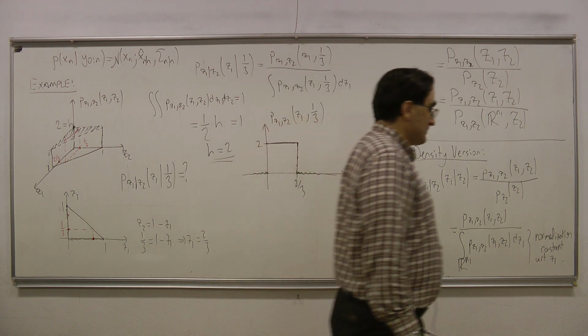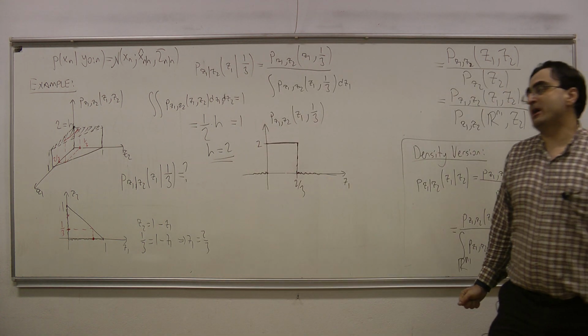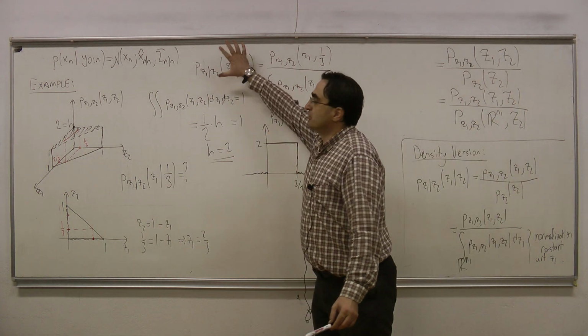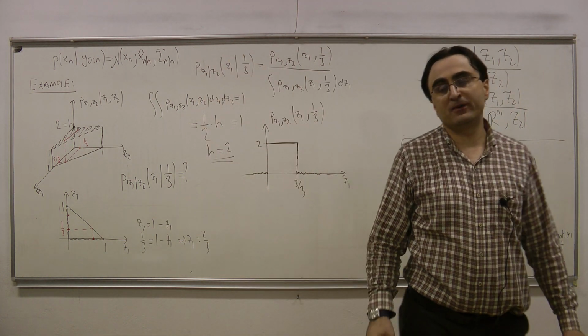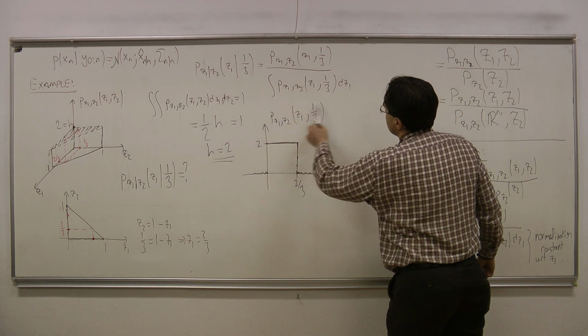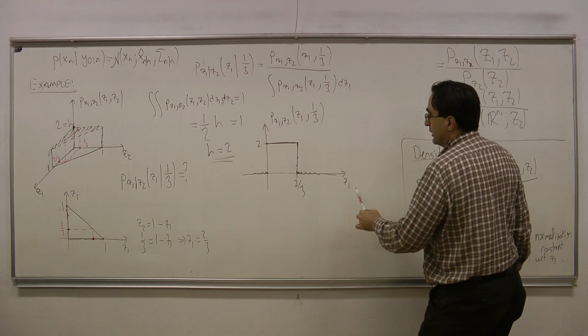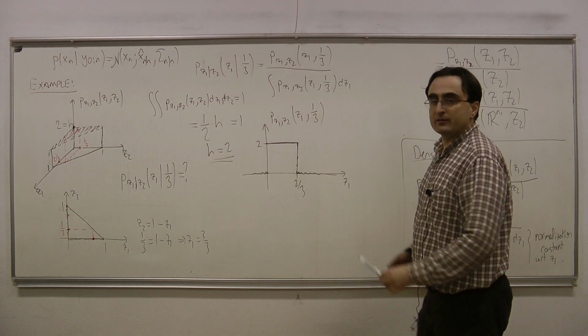Therefore, this is not a density function. To convert it into the conditional density function, I need to divide it by its integral with respect to Z1.